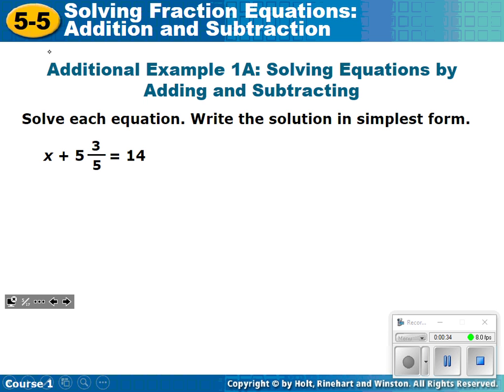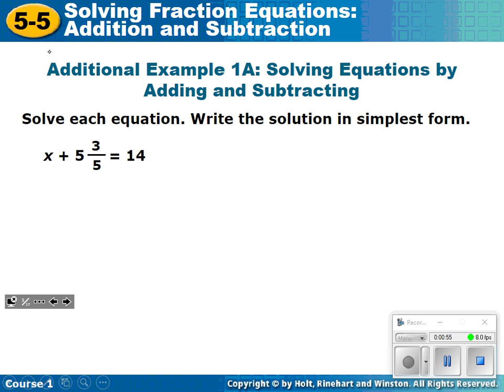Remember, what are my 2 rules of algebra? What's rule number 1? Find out what's happening to the letter. Figure it out. What is happening to the letter in this situation? We got 5 3/5 is being added to x.